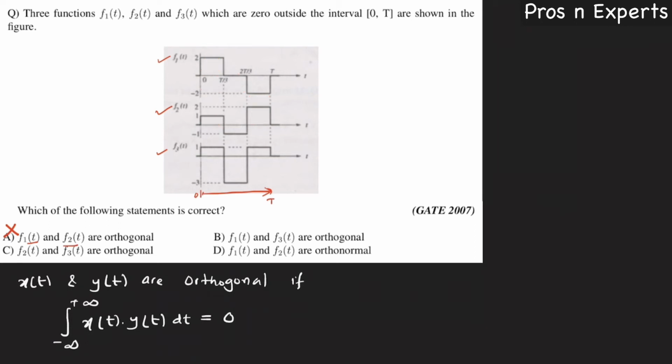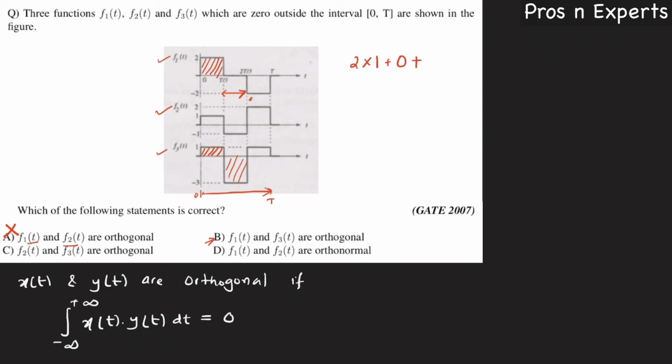Now let us check option B, which says f1 of t and f3 of t are orthogonal. In the first interval, f1 of t has amplitude 2 and f3 of t has amplitude 1, so 2 into 1. In the second interval, f1 of t is 0 and f3 of t is minus 3, so the product is 0.